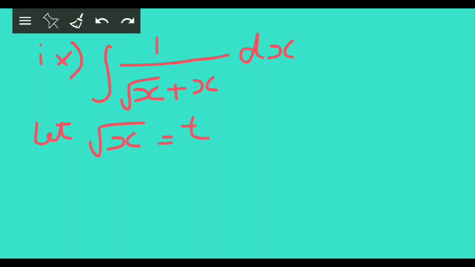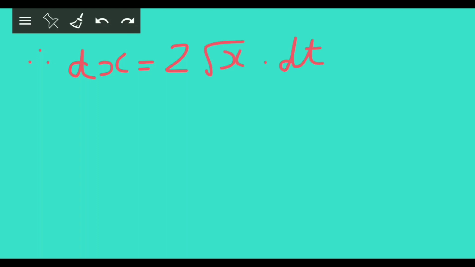Now the derivative of root x is 1 upon 2 root x. So 1 upon 2 root x dx is equal to dt. Now observe further how it is done. So from there we get dx is equal to 2 root x into dt.